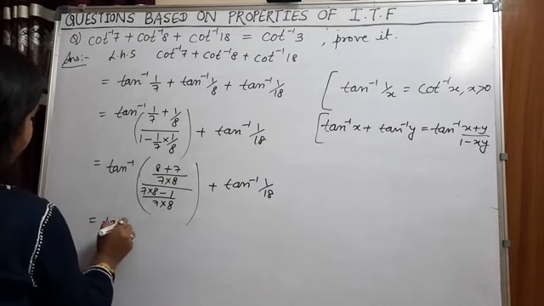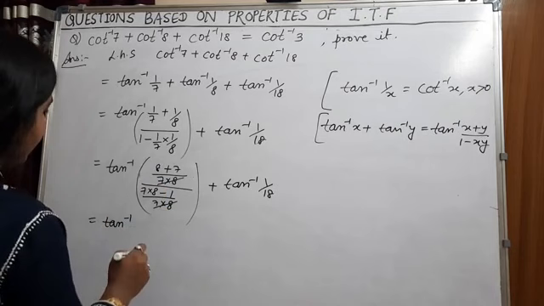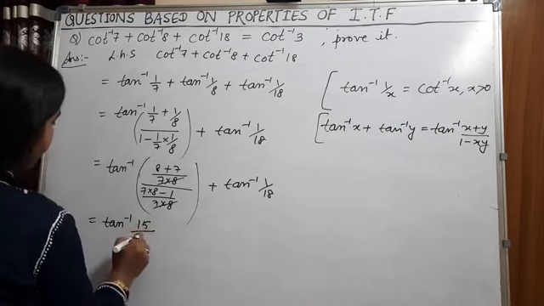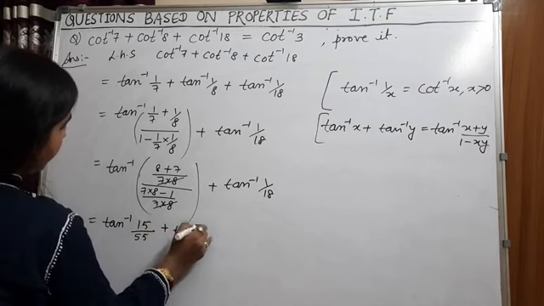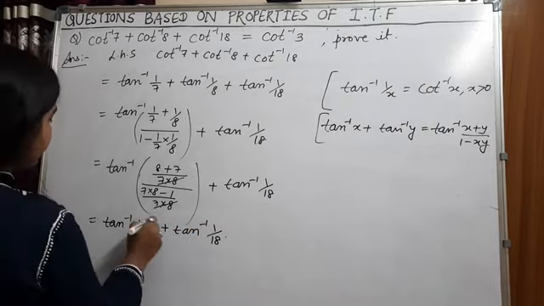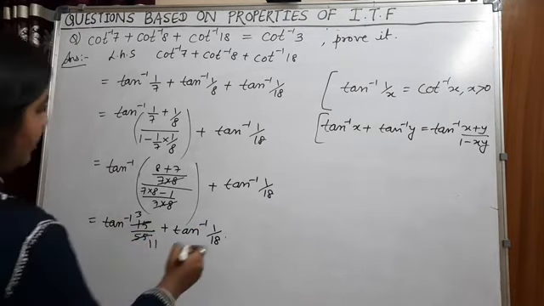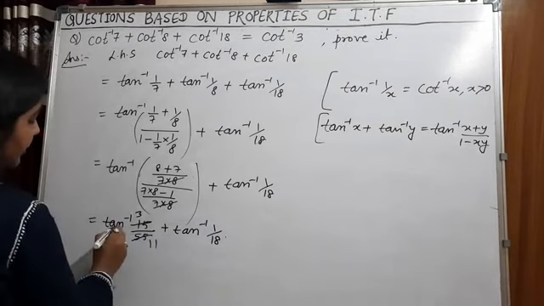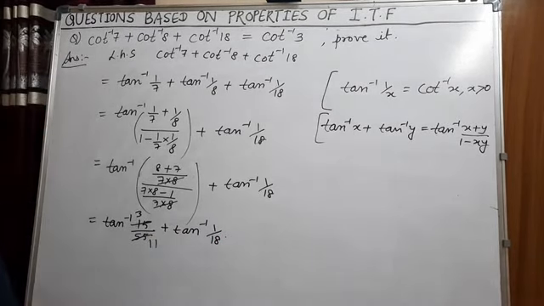So here it is tan inverse. We can reduce it in calculation. This is 15 by 55 plus tan inverse 1 by 18. So we can write it as 3 by 11. So we have here tan inverse 3 by 11 plus tan inverse 1 by 18.